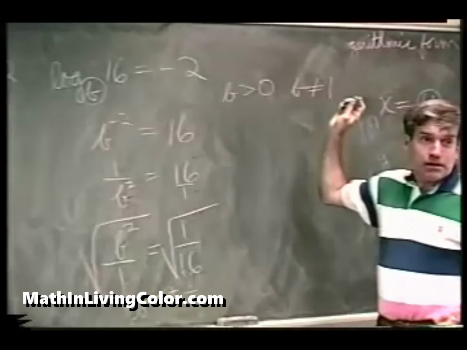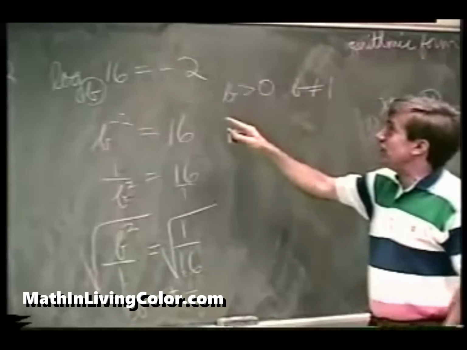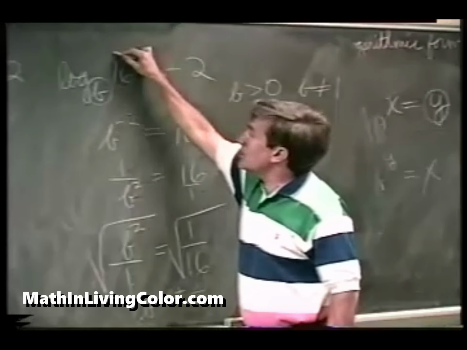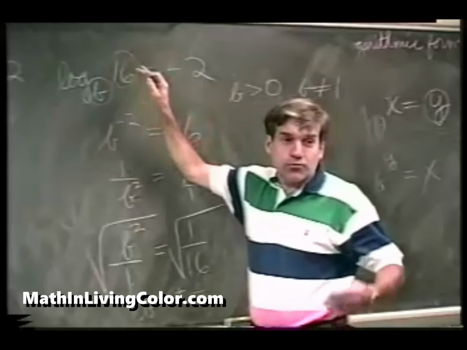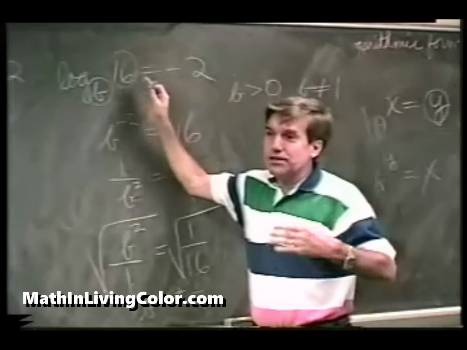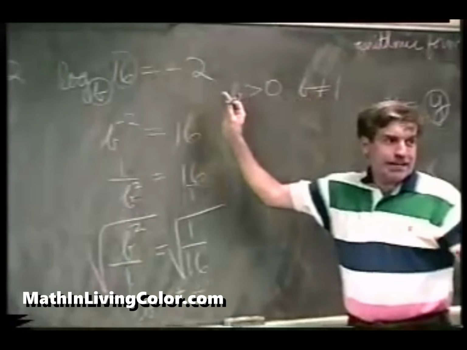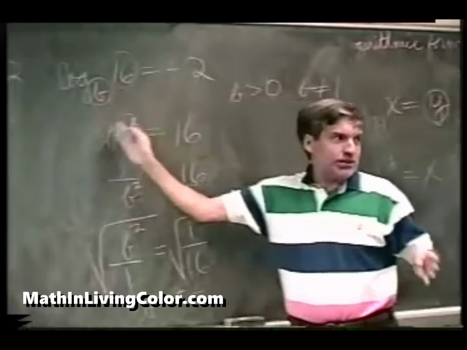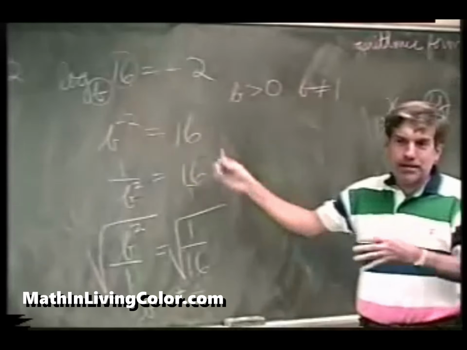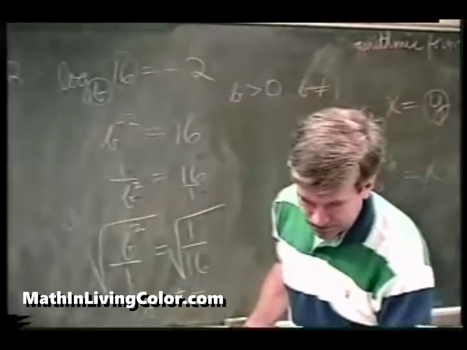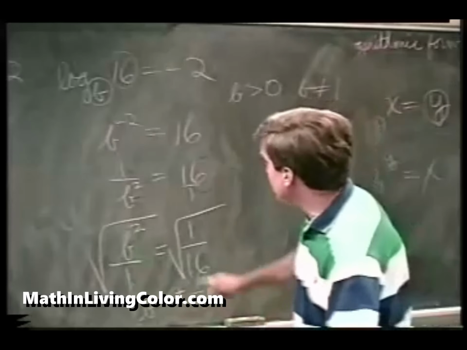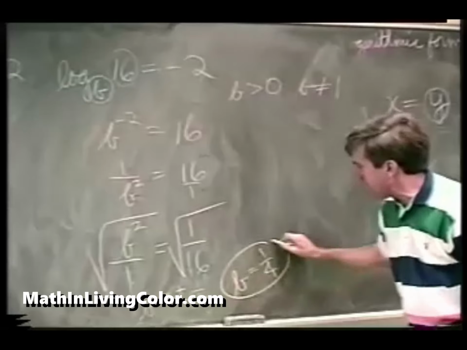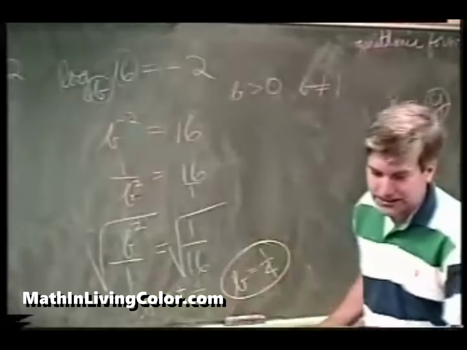Another restriction is that if you're taking the log of a number, this number right here cannot be negative. The number of which you take the logarithm must be greater than 0. I didn't want to get into that heavily right now. I just want to point out to you that the base number cannot be negative and cannot be 1. And we'll pick up any other restrictions in a later explanation. So that's what I get: b equals 1/4, because b has to be positive. The negative answer is rejected.